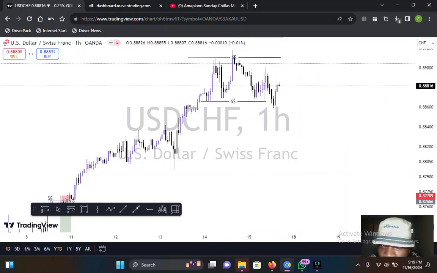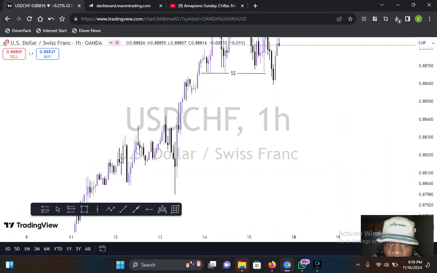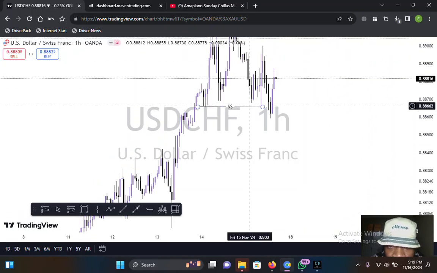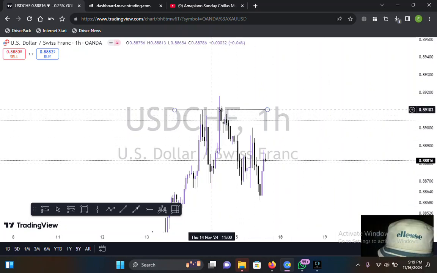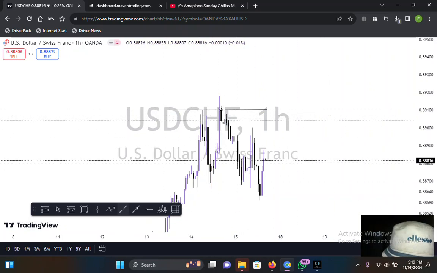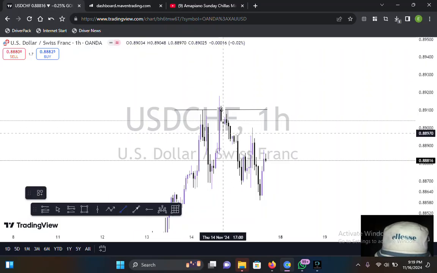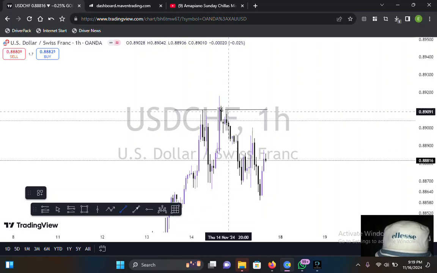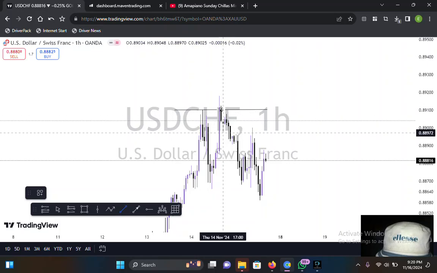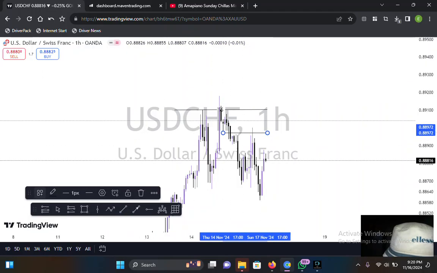But by zooming in, we'll obviously see an entry, because you had the liquidity sweep here. After the liquidity sweep, this is a high, this is a low, and this low was broken. So this becomes our break of structure.